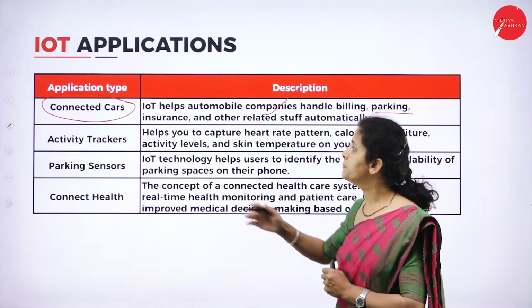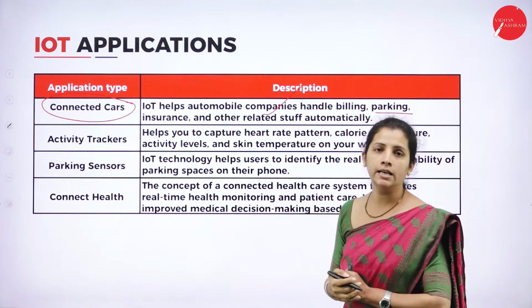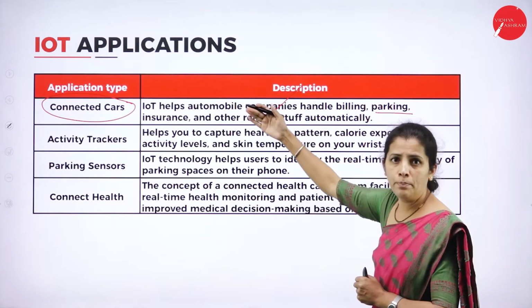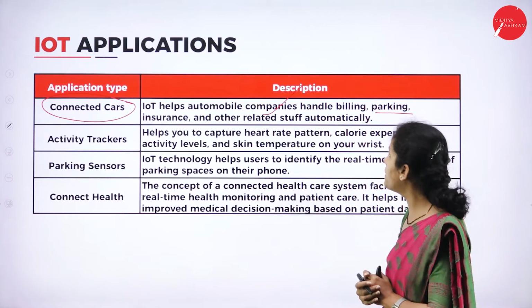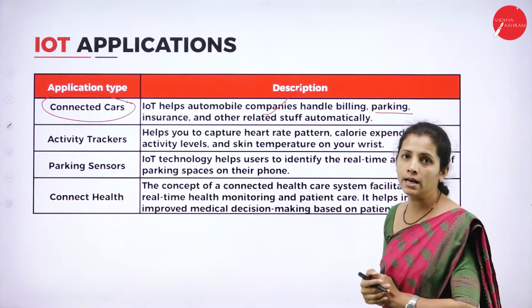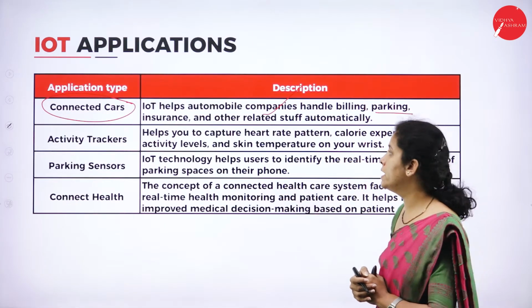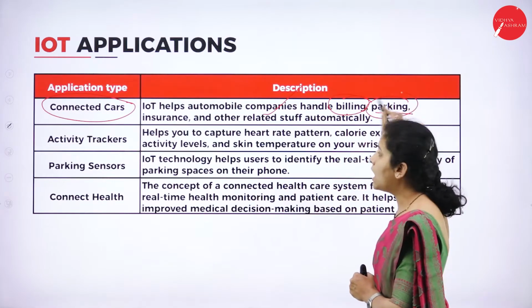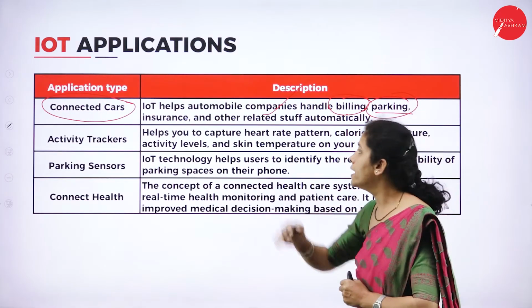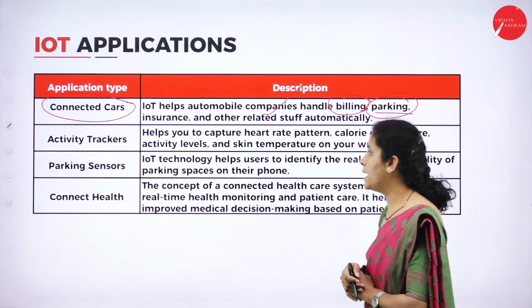That means IoT can be used by connected cars to improve their services. Most automobile manufacturing companies can use IoT, for example, for billing, car parking or insurance and other related stuff automatically.